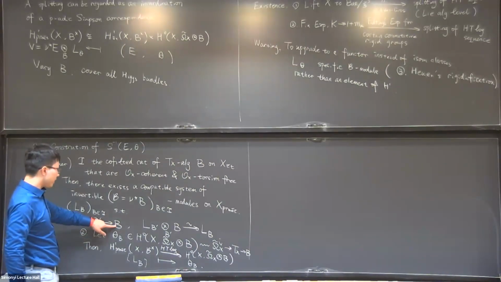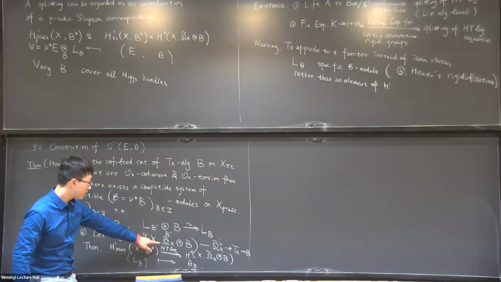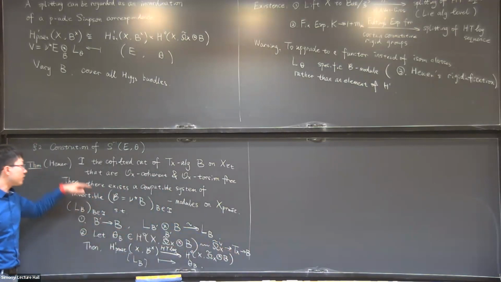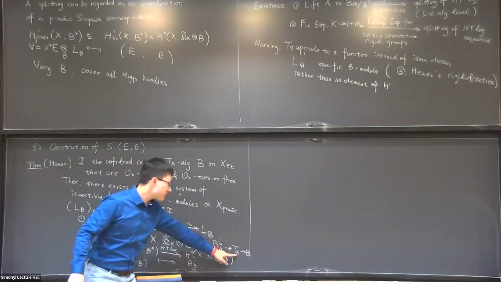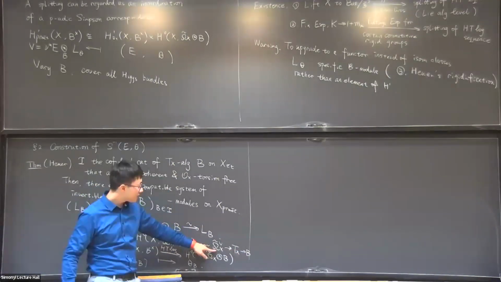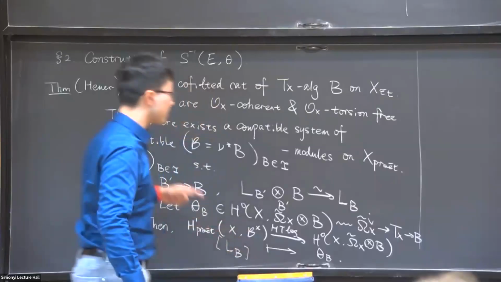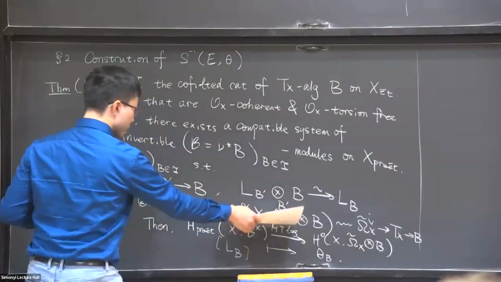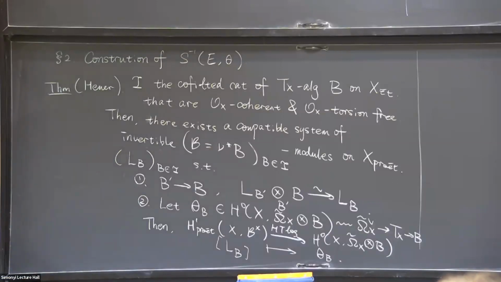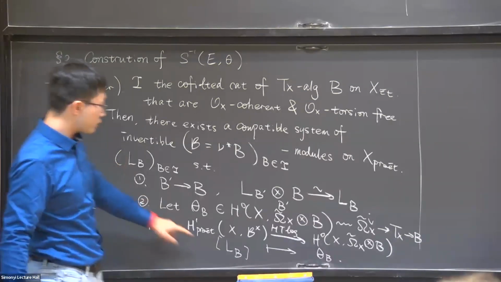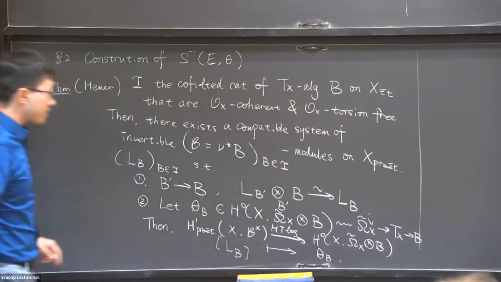So for any B, theta B is the canonical element, which corresponds to the structural morphism of B. For every B, which is a Tx algebra, there is a structural map from Tx to B. So the Lie algebra maps to B because Tx is just the tangent bundle. Such a structural morphism gives a canonical element associated to B. And I require that our picked invertible module has Hodge-Tate log image theta B.